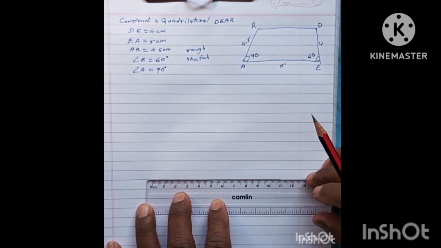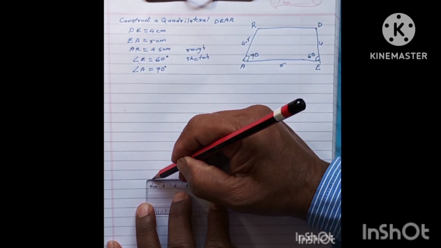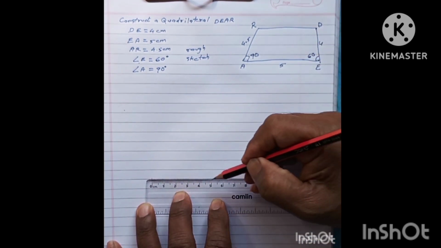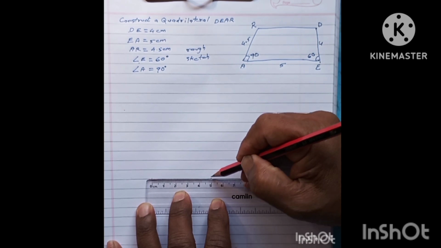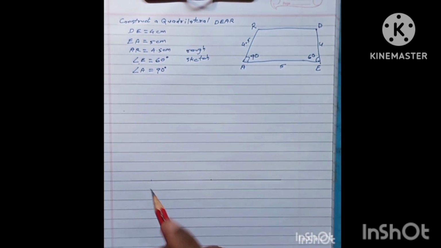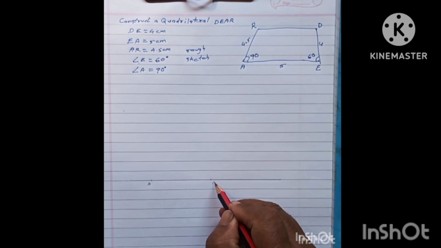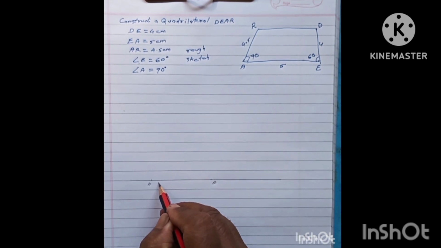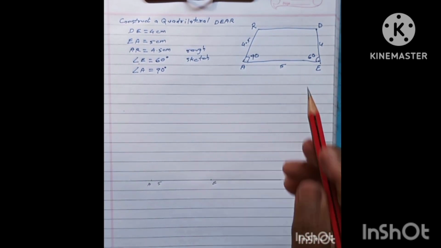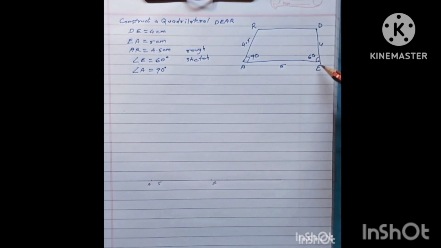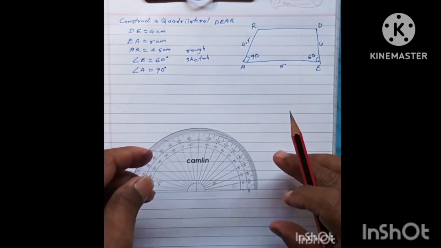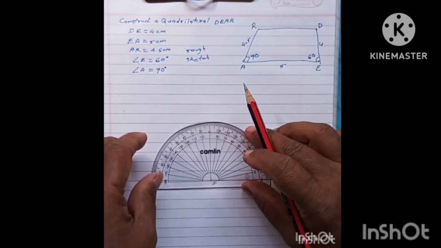Okay, this is A, this is E. Okay, now see, I'm giving labels, and now we have to draw a line inclined by 60 degrees to AE from E. Okay, see, this is what I am doing.